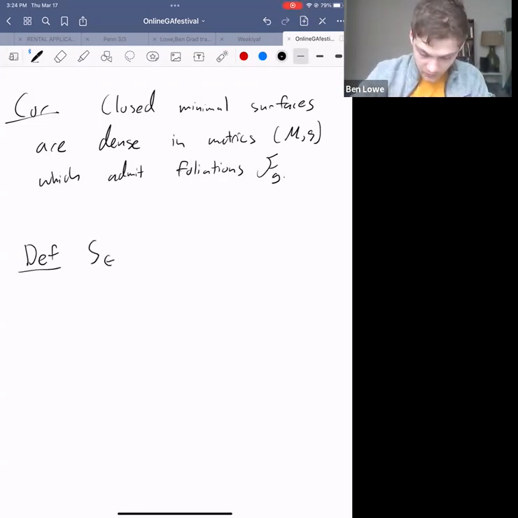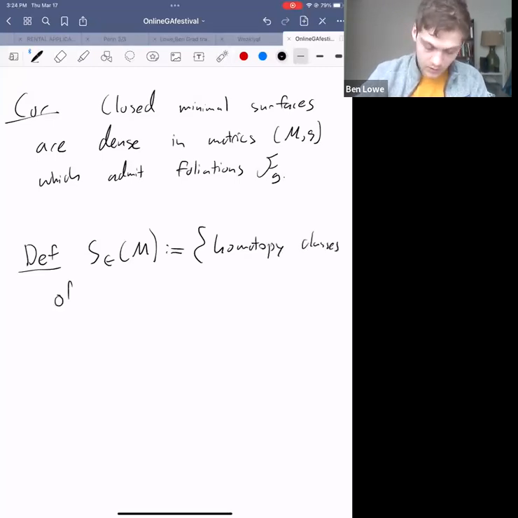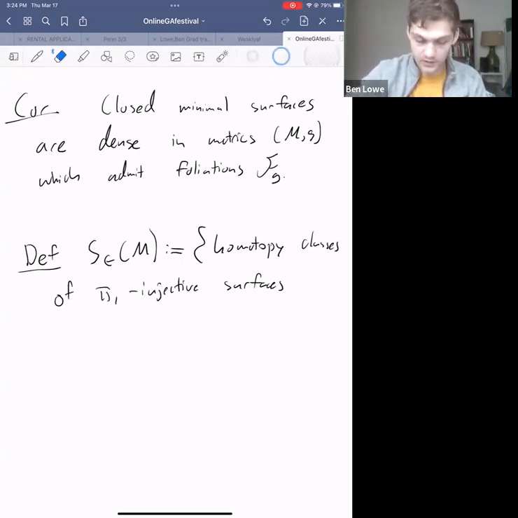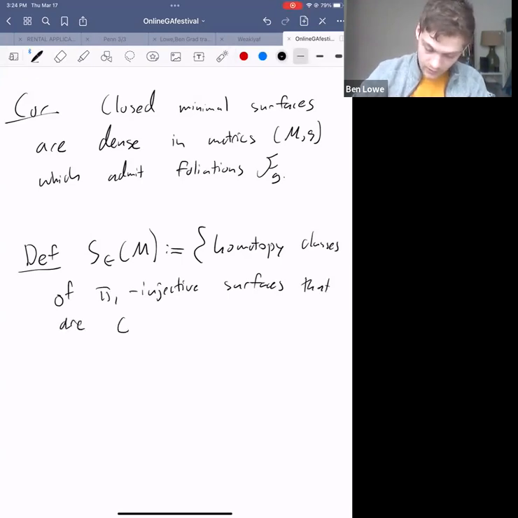So if we have this set S epsilon of M of homotopy classes of pi1 injective surfaces that are epsilon close to being totally geodesic, I don't really say what that means.